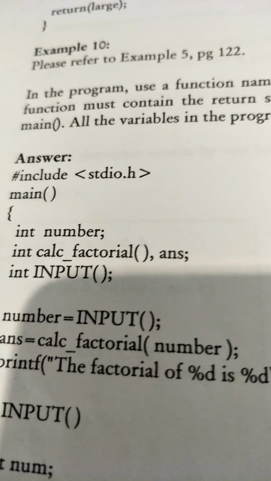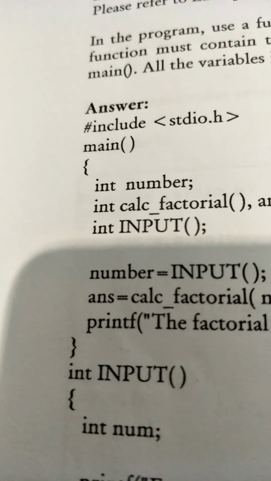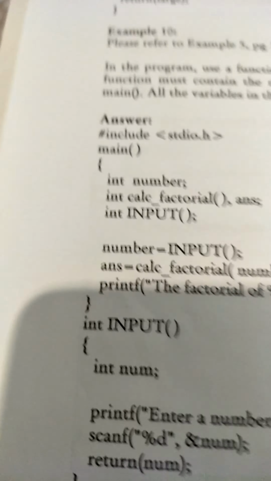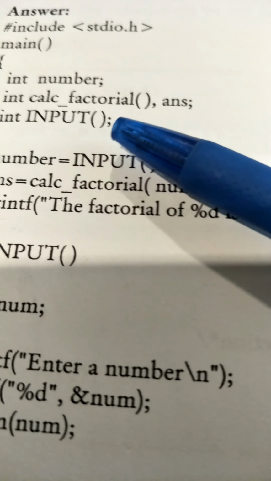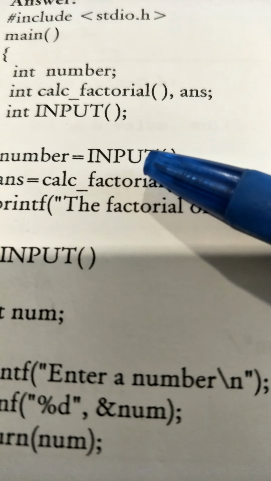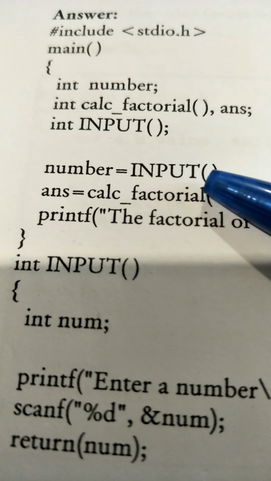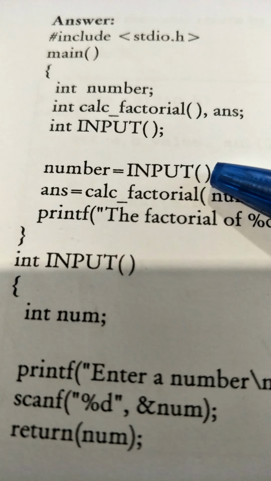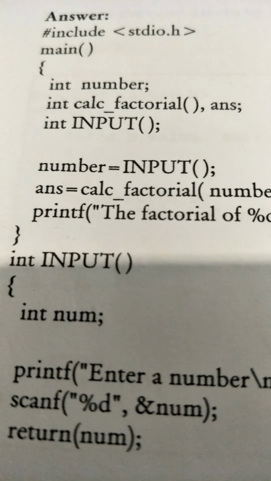If you look at this example, two cases appear. The first case is a function with no argument but a return value.